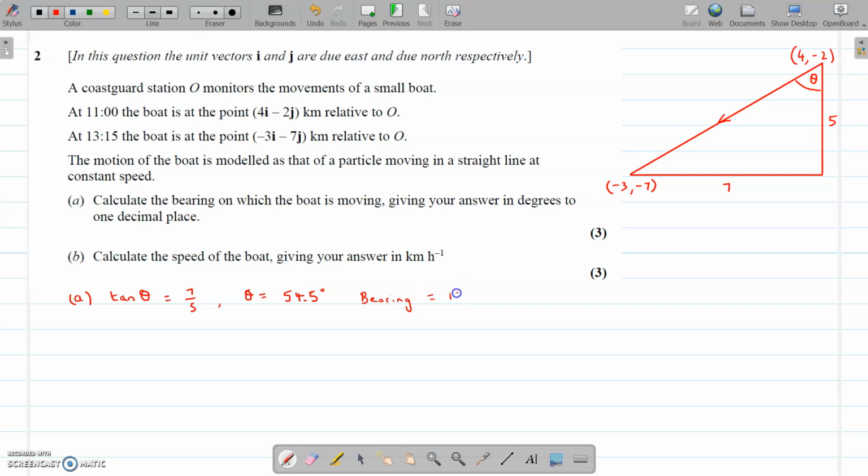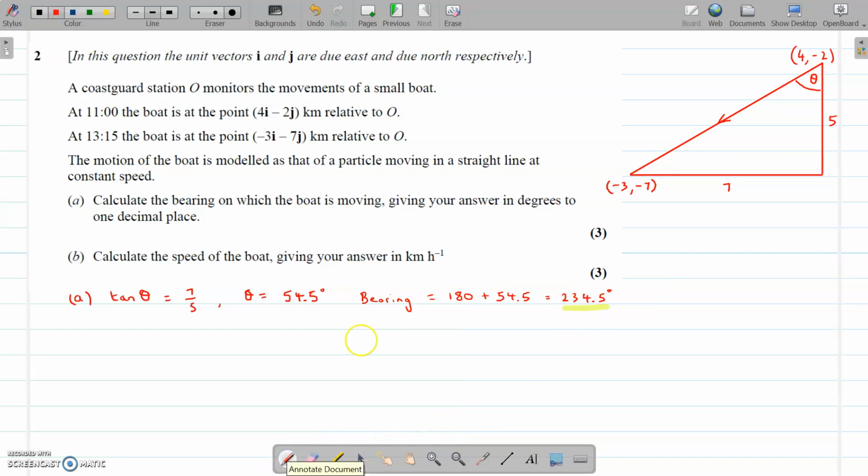So the bearing is 180 plus 54.5, and that gives me 234.5 degrees. Okay, so basic right-angled trigonometry there.